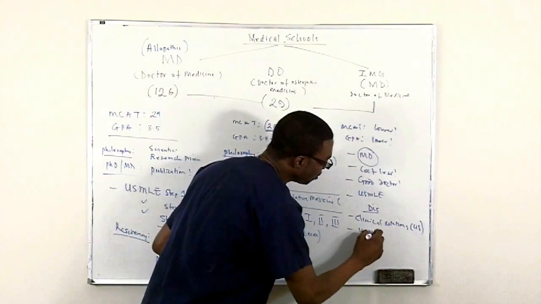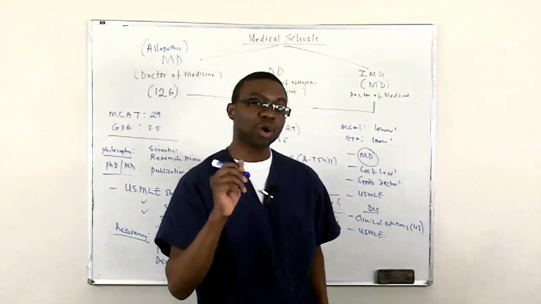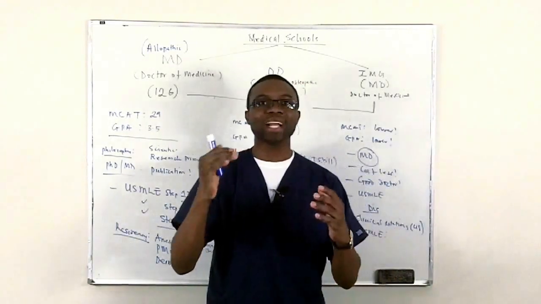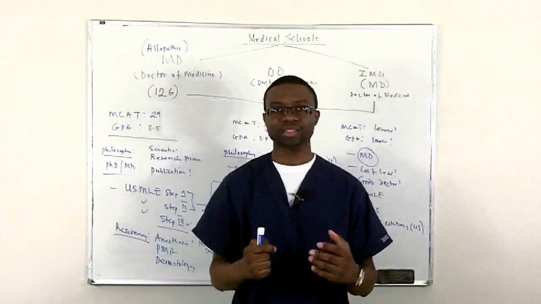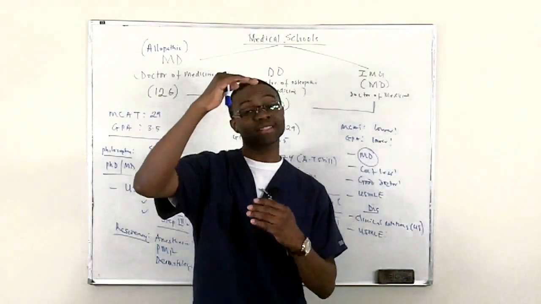Also, when it comes to the USMLE exam, it's very important that you understand the way the matching works, and match just means how we get into residency in the United States. The way the matching process works is it's a ranking system.